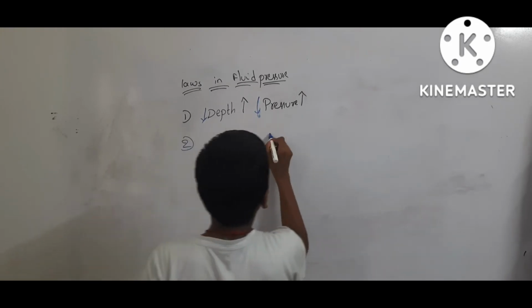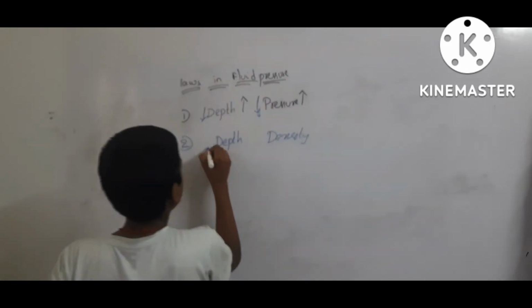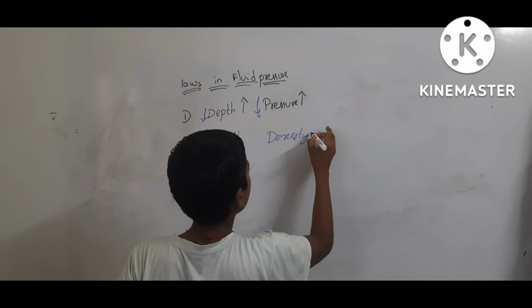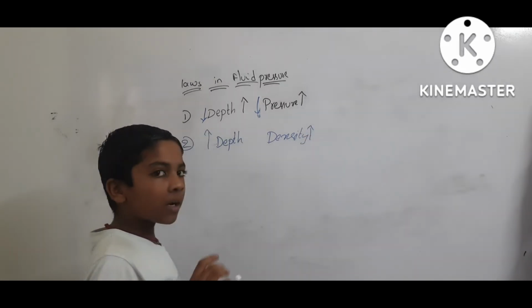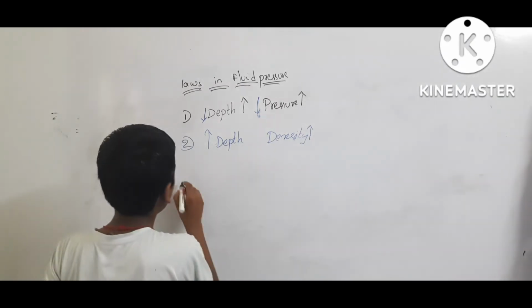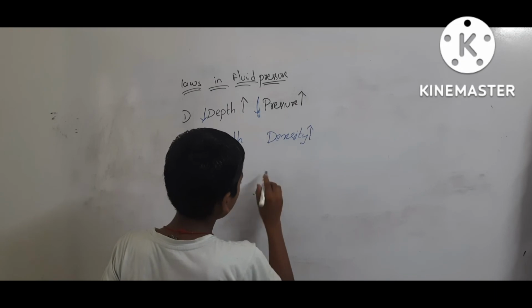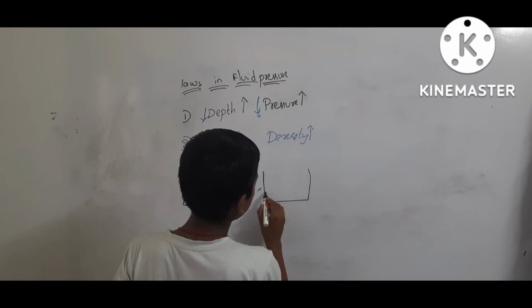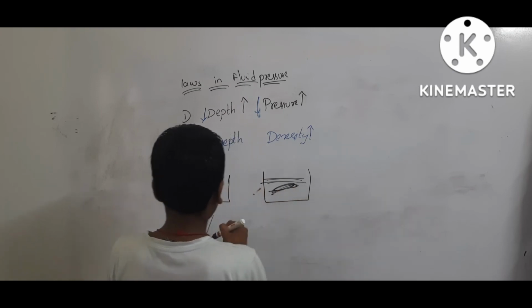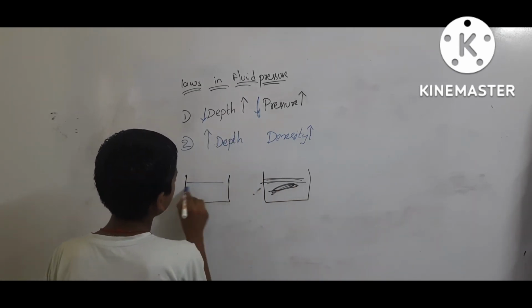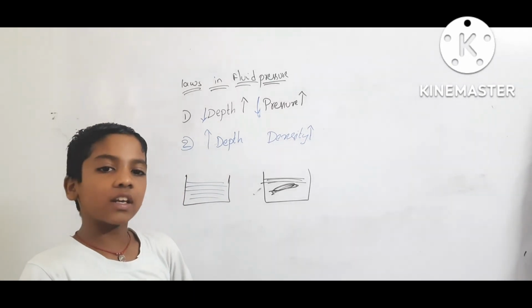Now we compare depth and density. Depth increases, density also increases, in some conditions only friends. If you take a container of pure water and another container with a suspension of water and sand, in pure water there is no change in density at any depth.